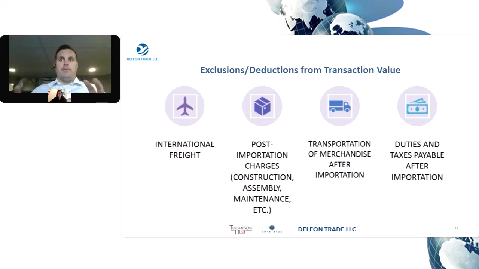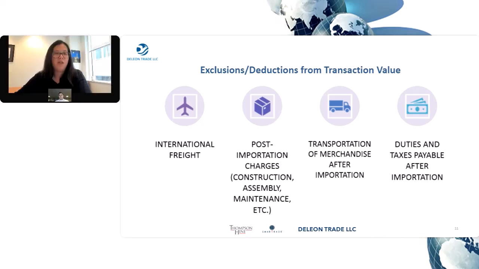It's a payable amount, and it's differentiated from this. Even if it's charged after the fact, it's still part of the payable amount. The post-importation charges in this instance are very specific to those functions. Yeah, that's a great way to distinguish the two payments, because they make a huge difference in terms of the transaction value, total amount.